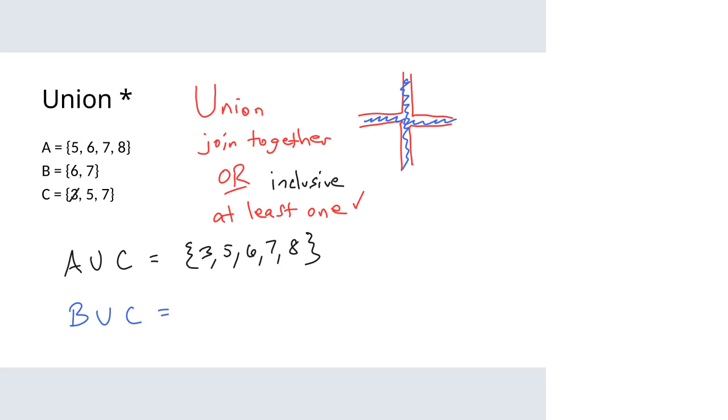We want B union C. We want to join them together. We're going to keep anything that's in B or in C. If it's in at least one of those two sets, we keep it.